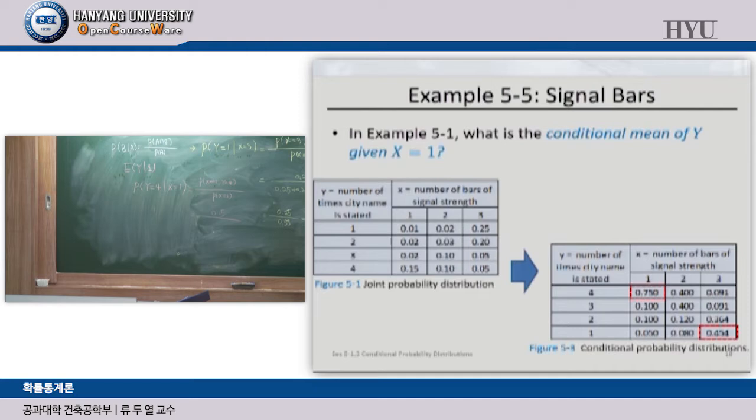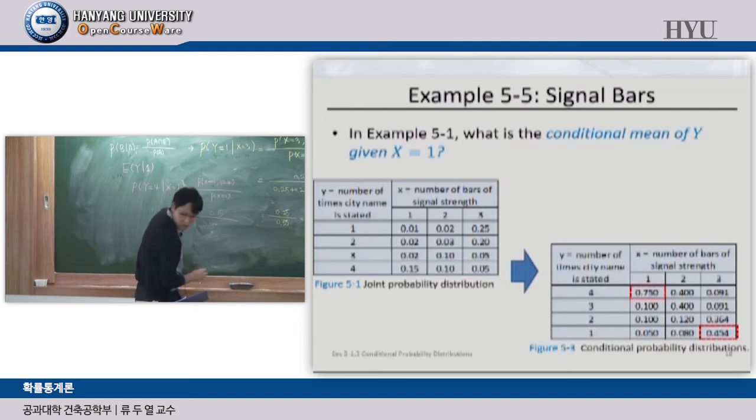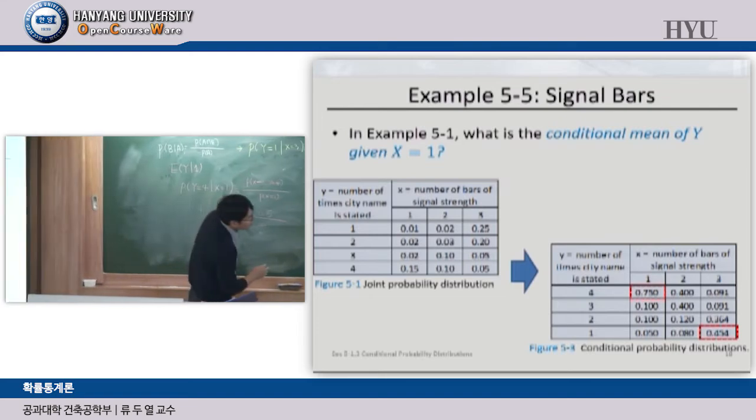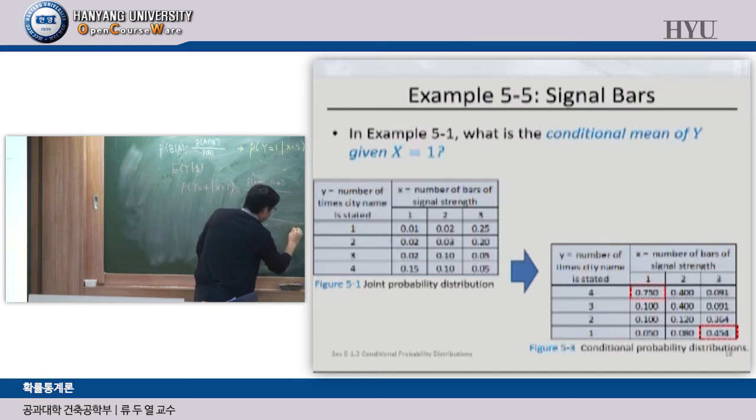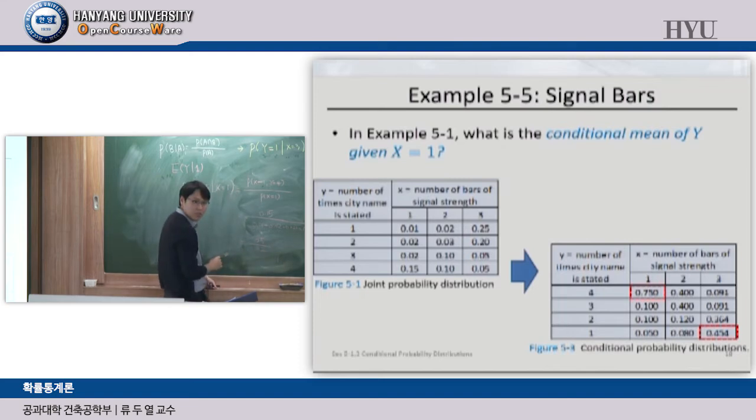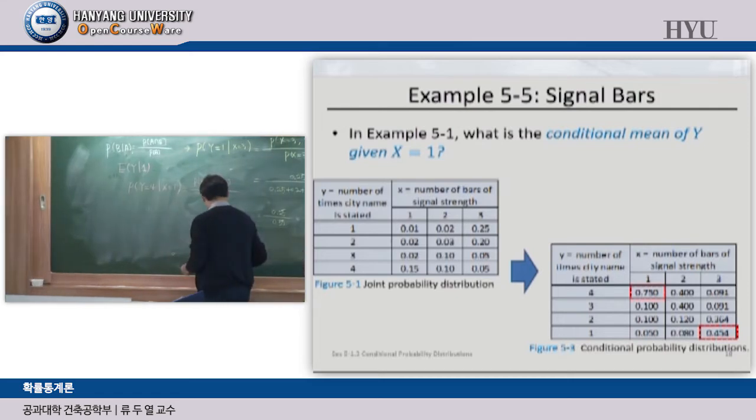That is the summation of this column, okay? So 0.01 plus 0.02 plus 0.02 plus 0.15. So that is equal to 0.15 over 0.2. Okay? So this is 0.75. So by using this process, we can simply make this conditional probability distribution table, and then we can solve this problem.